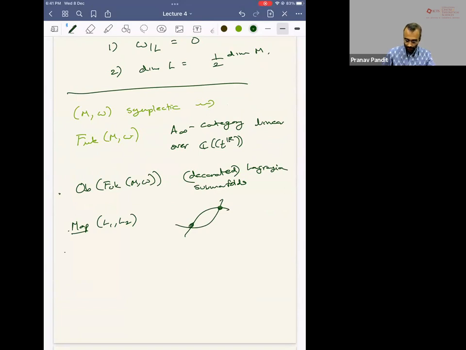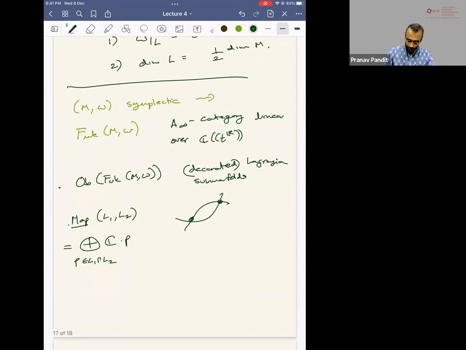This, as a graded vector space, is the direct sum over C times P, where P belongs to L1 intersect L2. So it's a sum over the intersection points. And the differential is given by counting pseudo-holomorphic disks with boundary on L1 and L2.